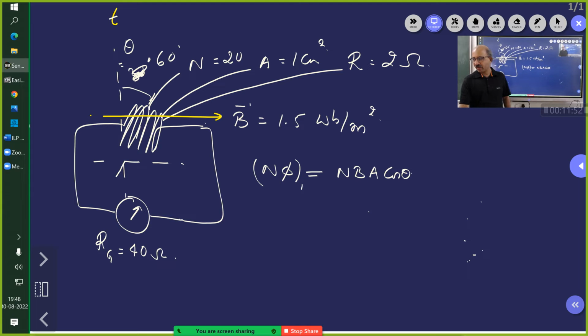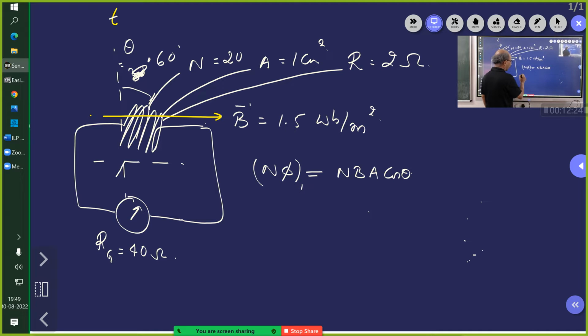I told you the ballistic galvanometer will depend on the charge. So you will get this.